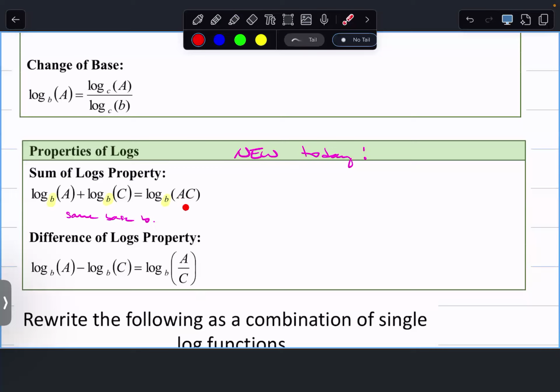That's not super intuitive in the beginning, but it is super useful later on. So addition outside, addition of two logs, of course with the same base, makes multiplication inside the log.